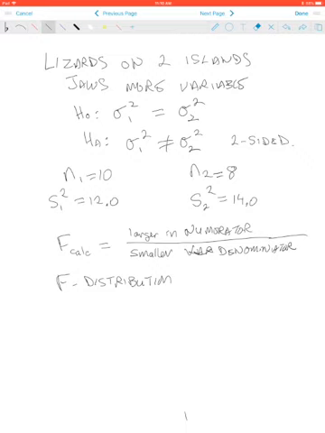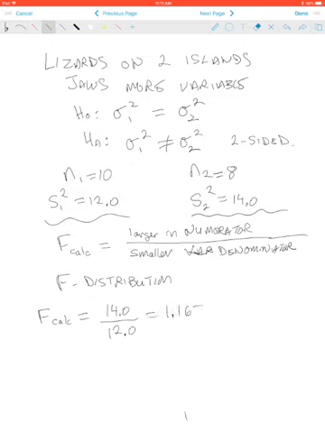Right, so the calculation is really simple. For this example, the F we're going to calculate, the test statistic, is simply the larger variance, which is 14, divided by the smaller. So it's 14.0 divided by 12.0, and that equals 1.167.